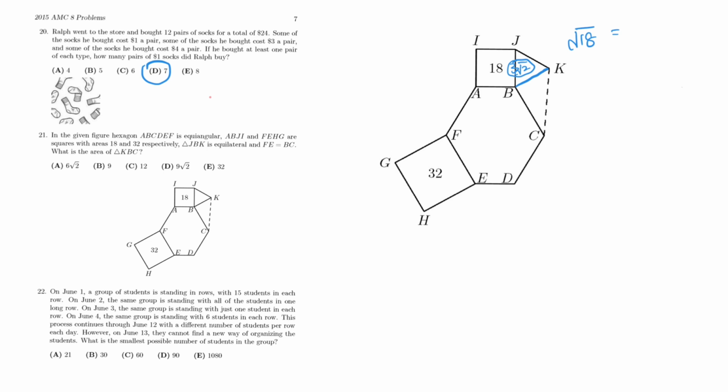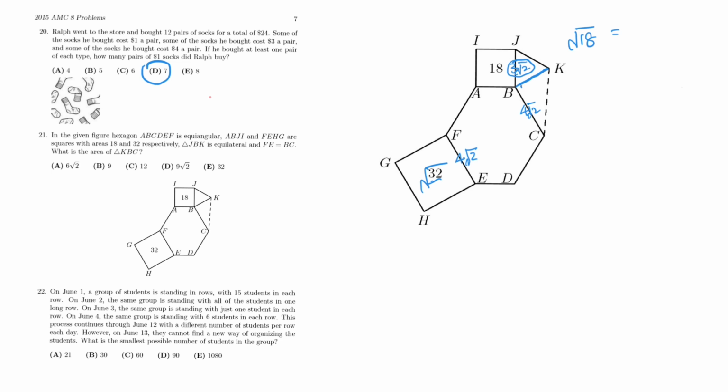And for square FEHG, the area is 32, so EF is the square root of 32, which is root 2 times 16. 16 is 4 squared, so that's 4 root 2. Because FE equals BC, BC is 4 root 2.